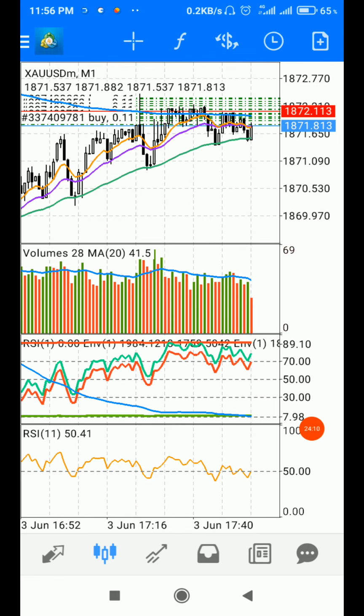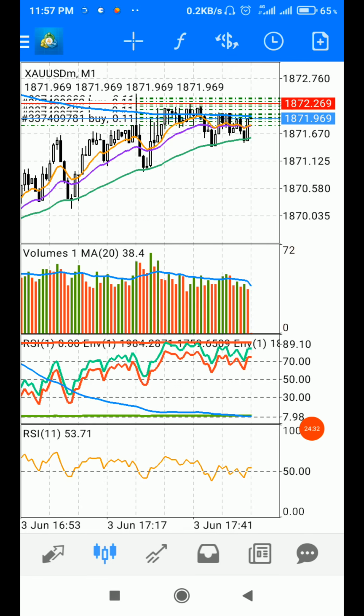So price is now hitting upward from the 50 moving average. Here you see that the 50 and 20 exponential moving averages are closing in. All are at the same distance, and here a big bullish candle, a bullish engulfing candle, seen here.